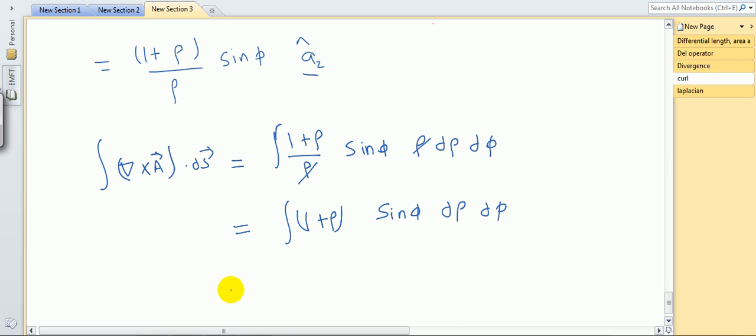So I can simply integrate this. It will be 1 plus rho integration with d rho, and the limits for d rho are 2 to 5, integration of sine phi.